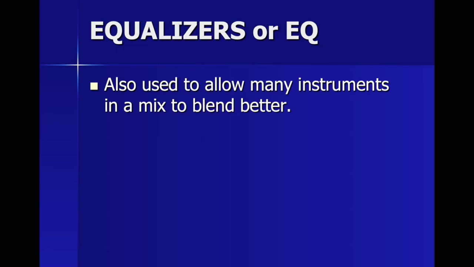One of the things that I see people that are just getting started in this is they use EQs to boost up all of the stuff that they want to hear. So they add a lot of bass to the kick drum, or maybe they put a lot of high mids in the vocals.